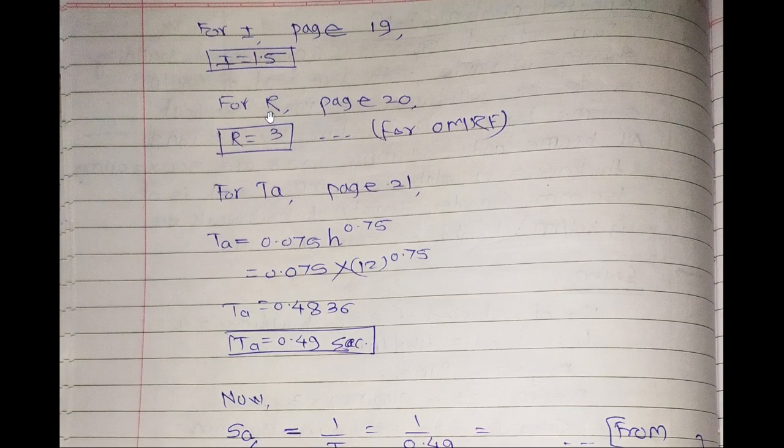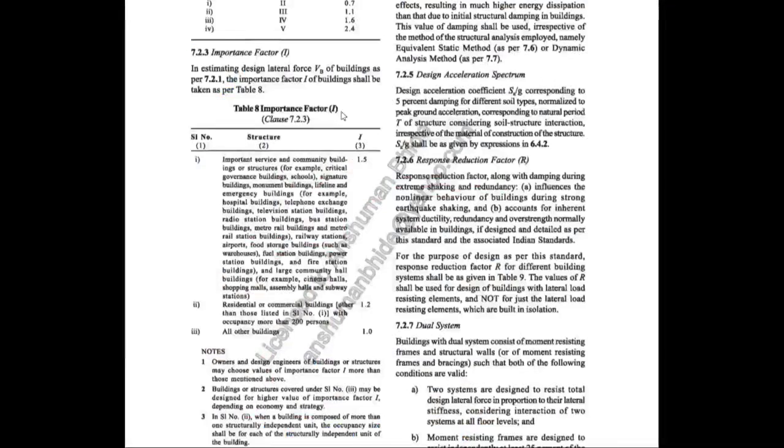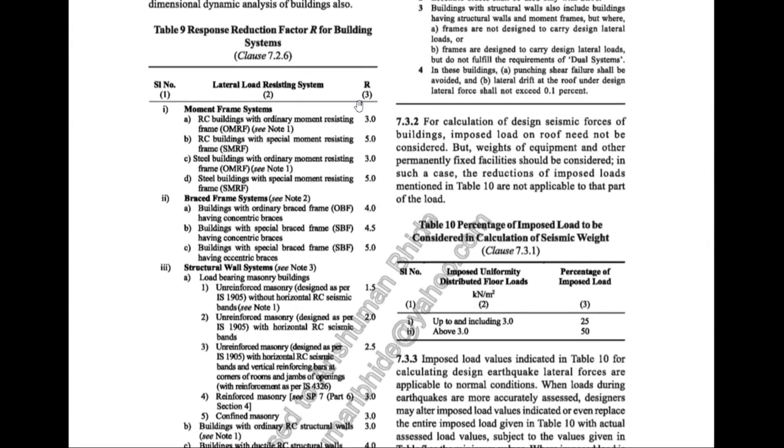For calculation of R, we are going to page number 20. Let's see page number 20 for calculation of R. For calculation of R, we are considering the OMRF system. So for OMRF, the value of R is taken as 3.